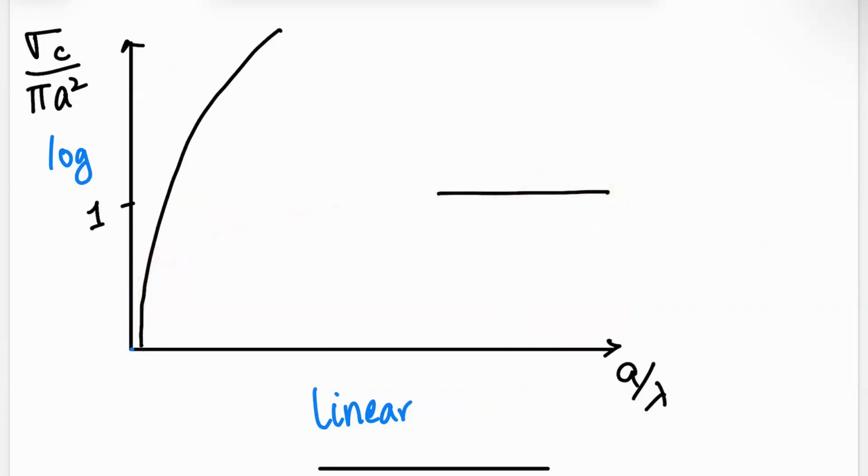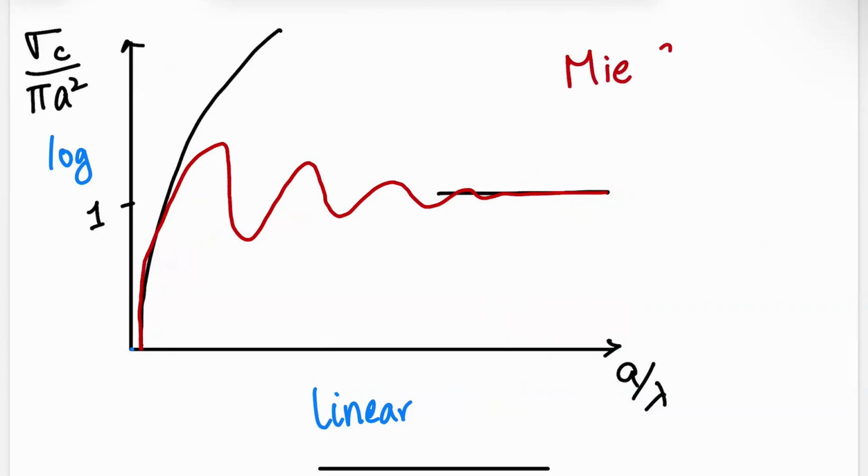But in reality, you can show from the full wave solution, if you plot it, this looks something like this. It starts here, and then it oscillates asymptotically to that point. This is called the Mie solution.